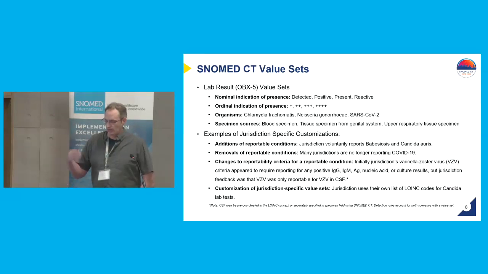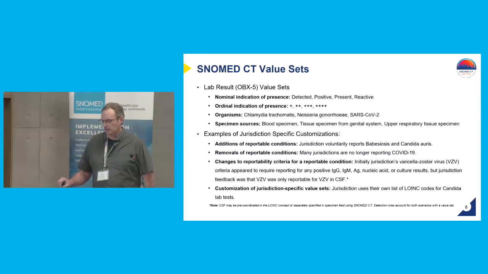For SNOMED, the types of value sets are nominal indications of presence, ordinal indications of presence, organisms, and specimen sources. And later, when we talk about some of those customizations that were done for jurisdictions, I'm going to talk about how specimens come into play. So those are the types of value sets that were created and are being maintained.